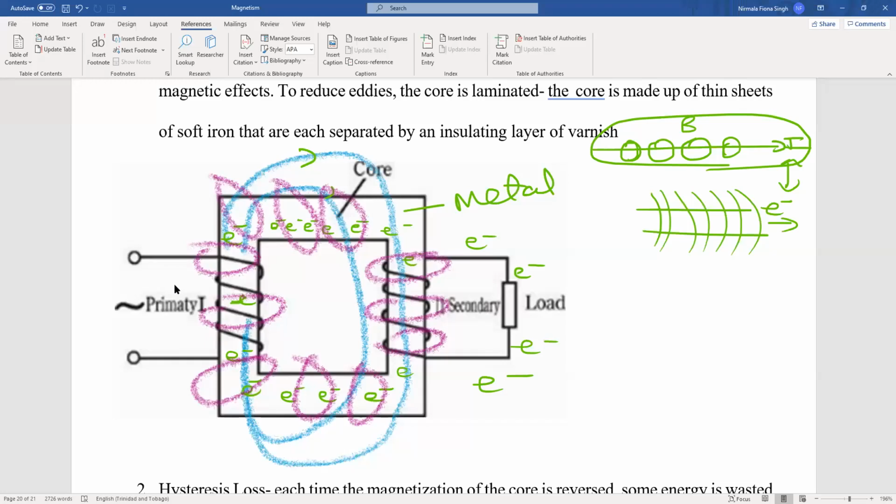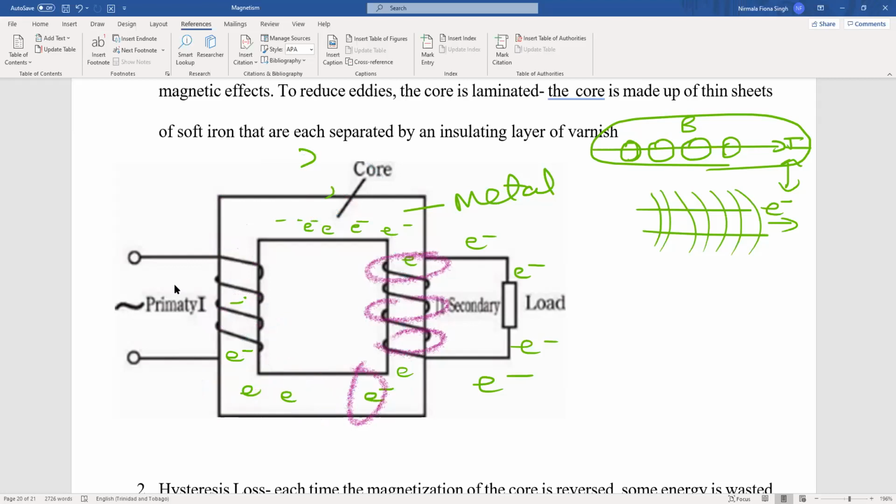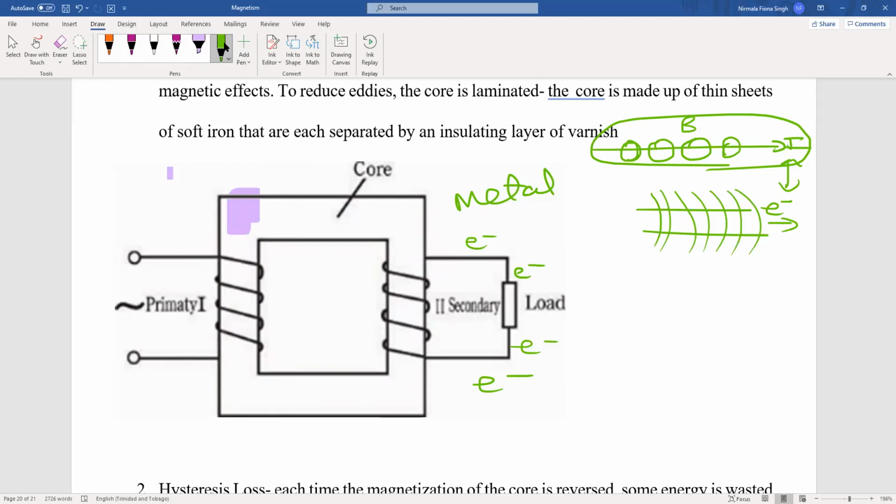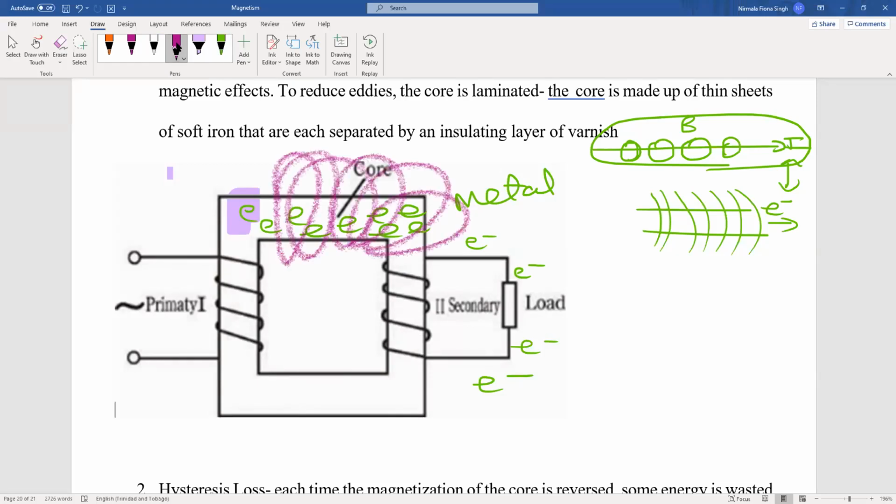So how do they prevent this from happening? Because this is a big block of metal, it will generate more electrons. It's a big block of metal, so it has a whole bunch of electrons flowing through it. And the more electrons flowing through it, the stronger the magnetic field it will have around it, so that's going to interrupt the other coil even more.